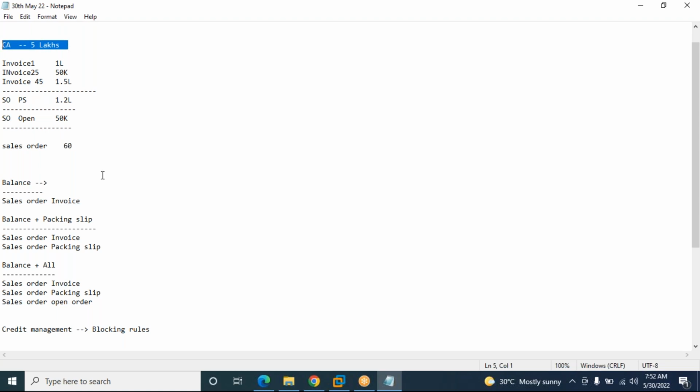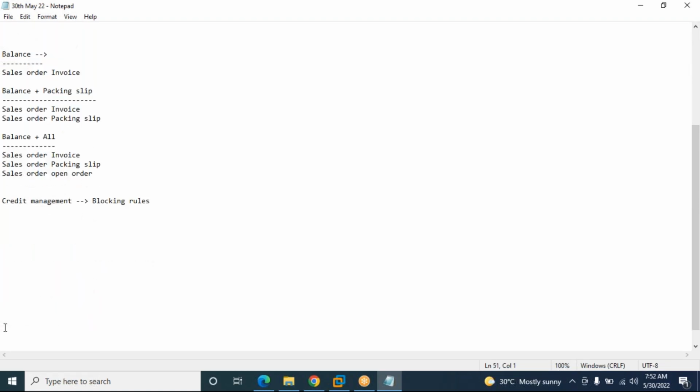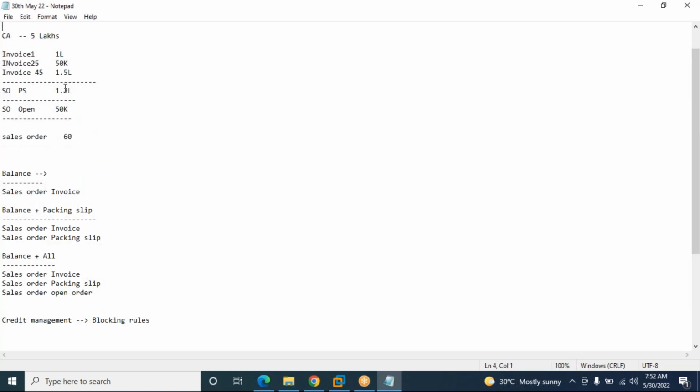Now, blocking rules are more about restrictions. In general, suppose I'm running my electronics shop, my motto is to deliver the material to the customer by simply verifying whether he is in a position, credit limit, credit balance or not. That's it.